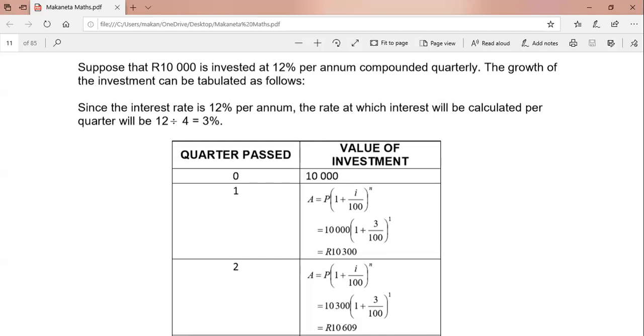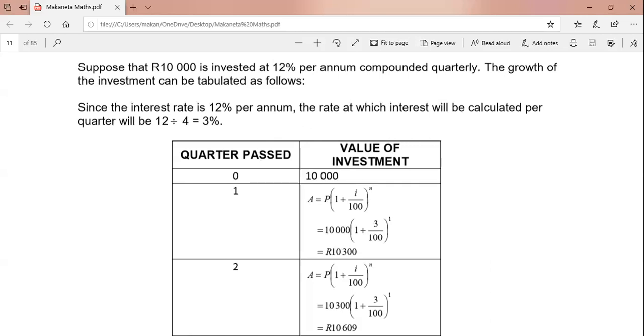You do the same with the second quarter. In the second quarter, once again, the most important thing that you need to realize is that when you look at the second quarter, you are bound to change your principal amount. Now, at the end of the first quarter, your accumulated amount will be 10,300 rands.